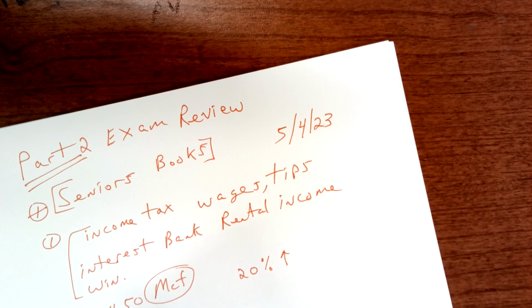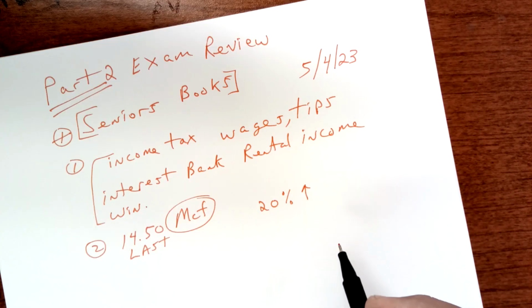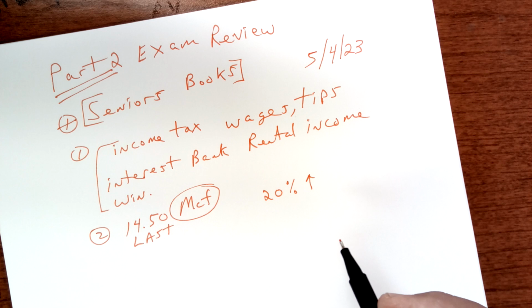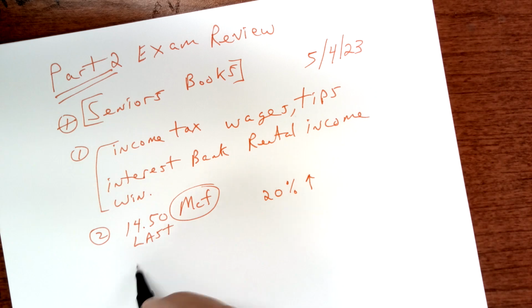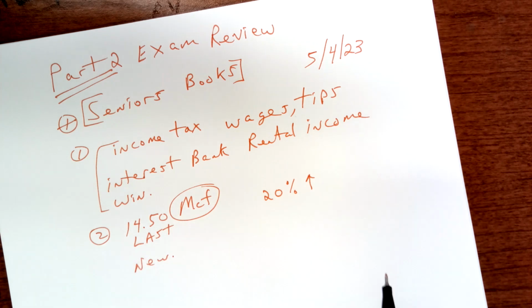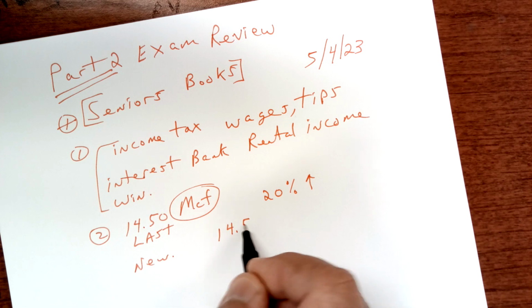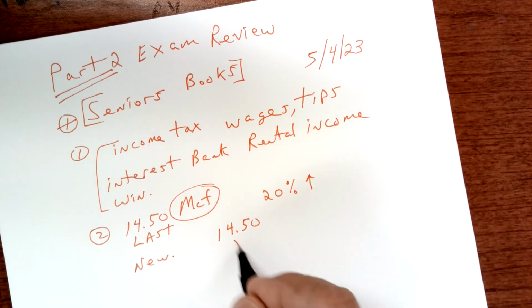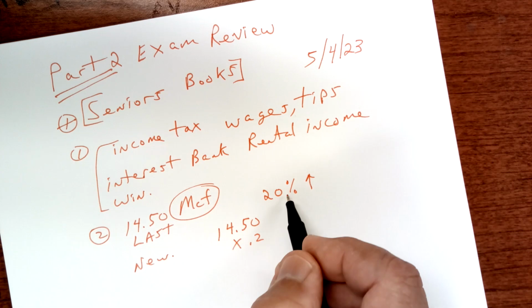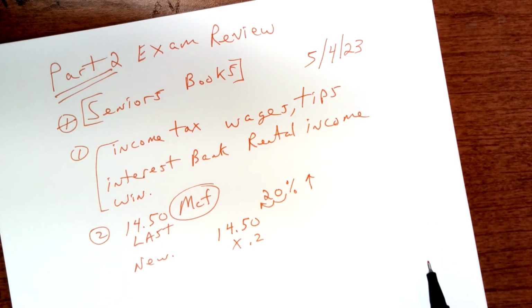Okay, this was last year. So, the new price is how much? Well, what you want to do is take $14.50, which is what it was last year, times 0.2, because you want to move your decimal over 2 places. And then you're going to add that back.